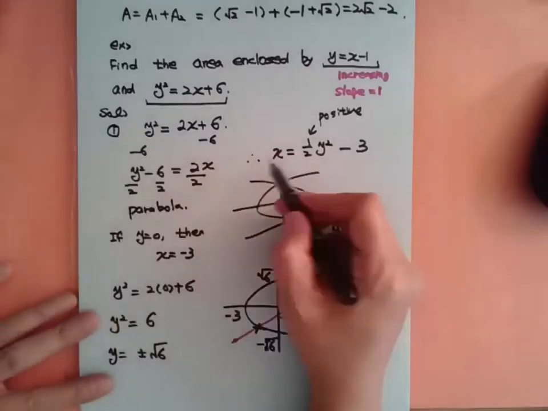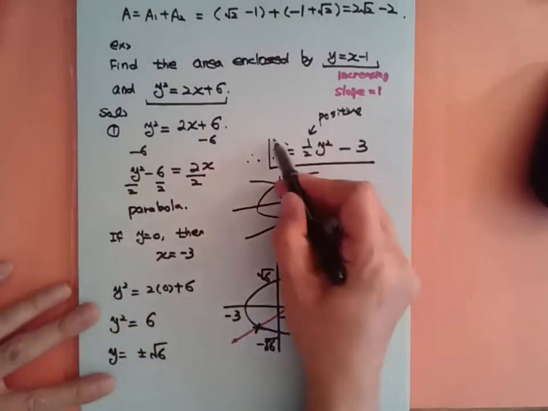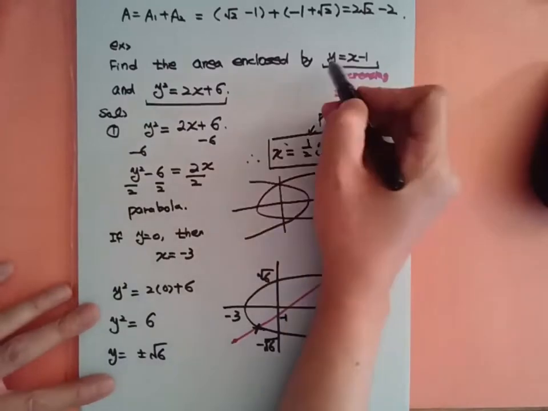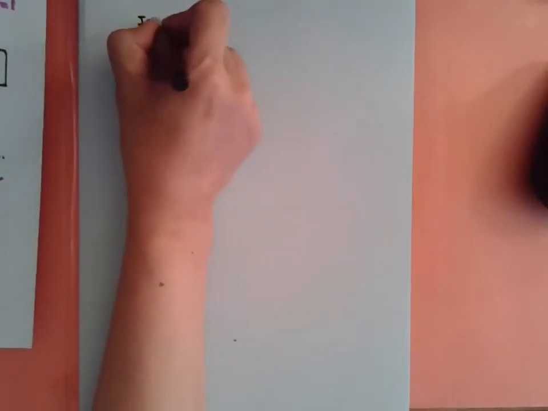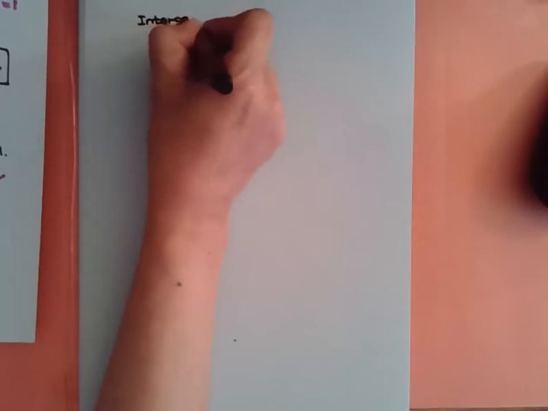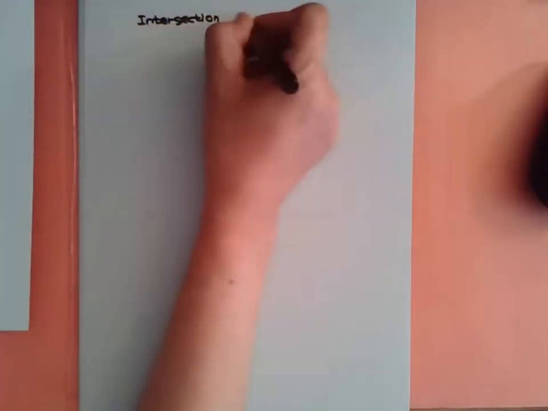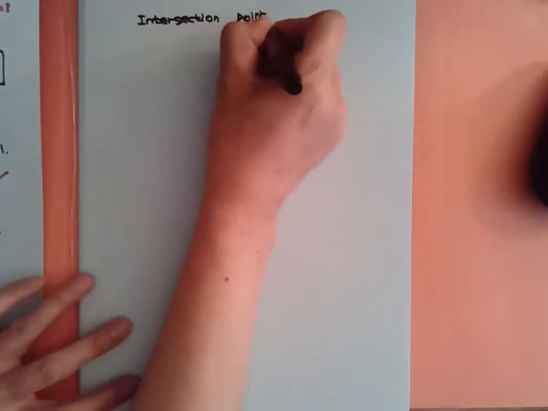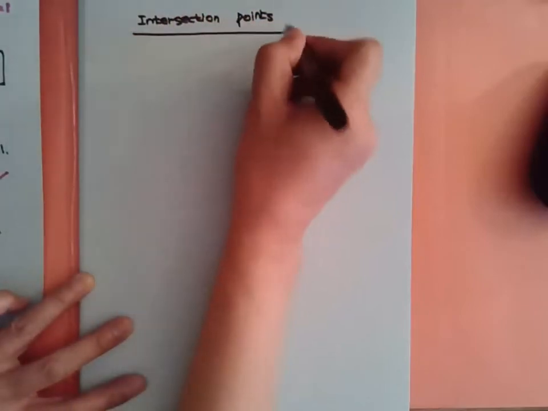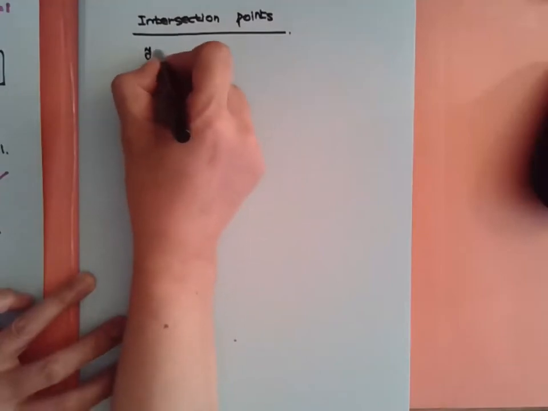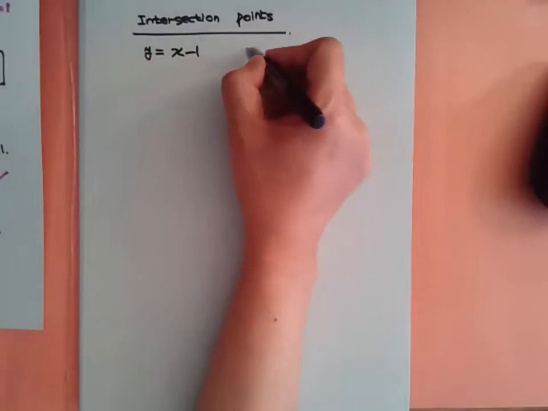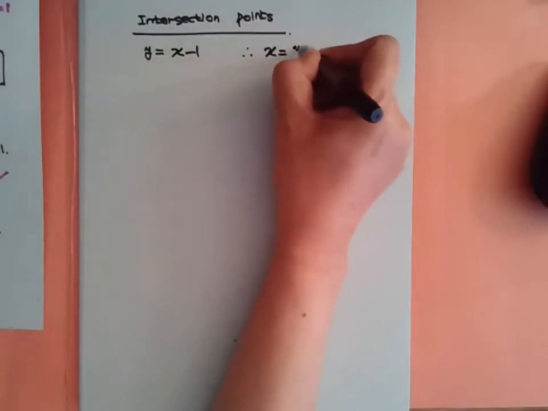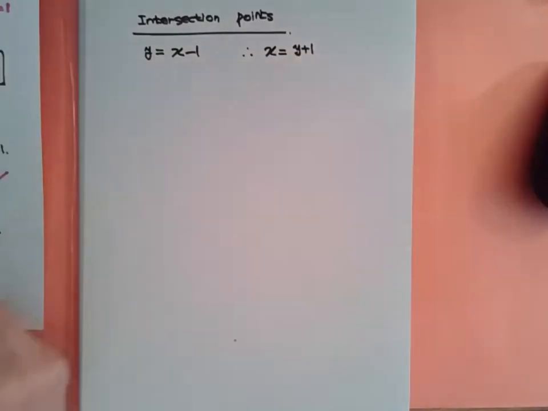In the second equation, we solved for x. So we want to solve the first for x and then make things equal. As I said, we had y equals x minus 1, so x can be written as y plus 1.